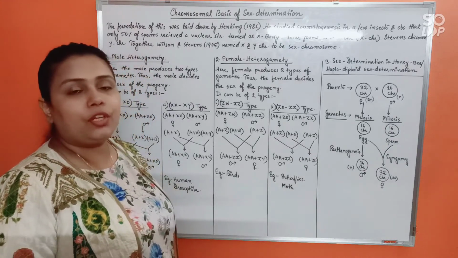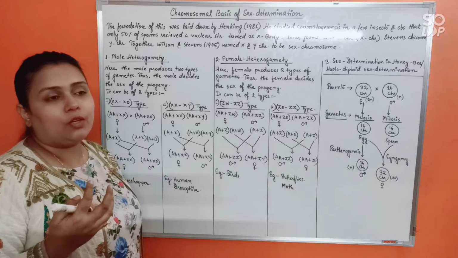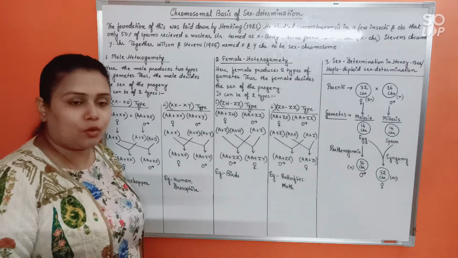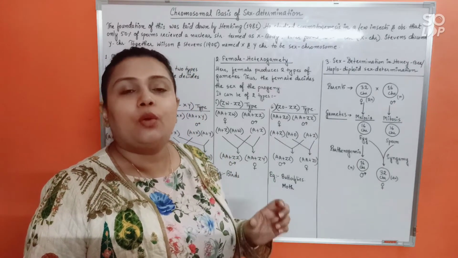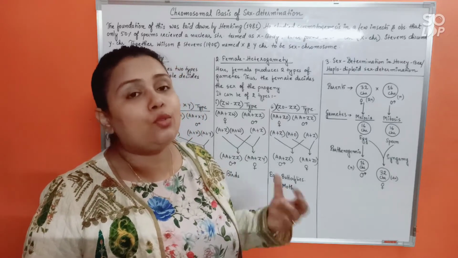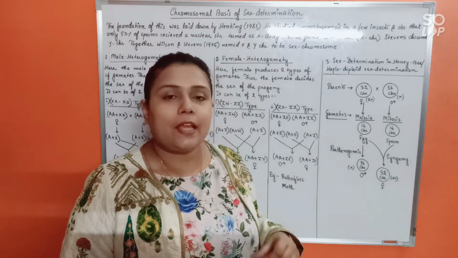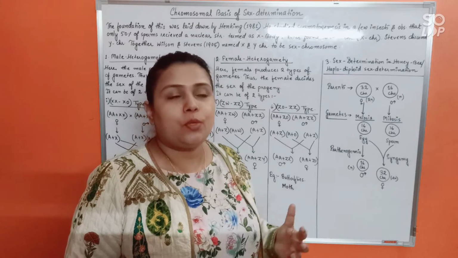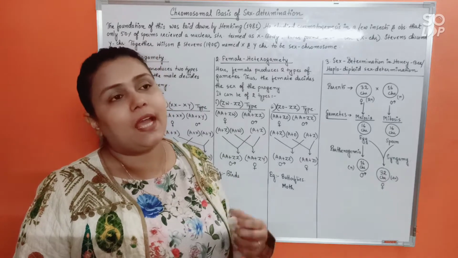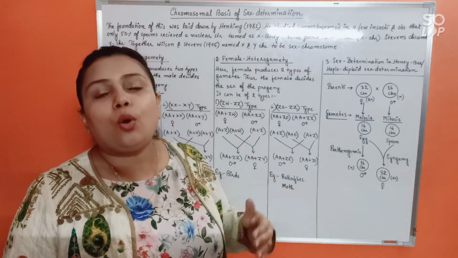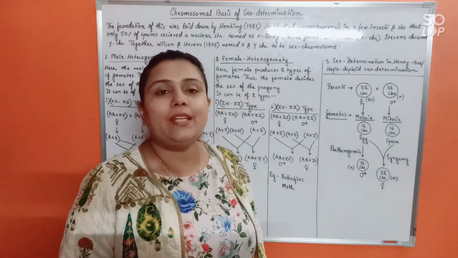So from then on we know that in organisms in which sex is determined by chromosomes, they possess two types of chromosomes mainly. One set of chromosomes which decides the sex is called the allosome or sex chromosome. All other chromosomes, which decide characteristics that are not sex specific, like eye color, skin color, height, etc., are known as autosomes.